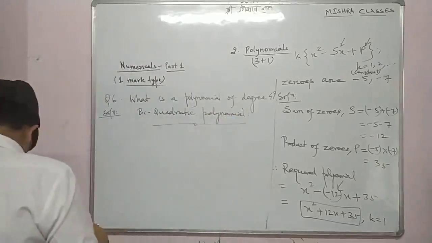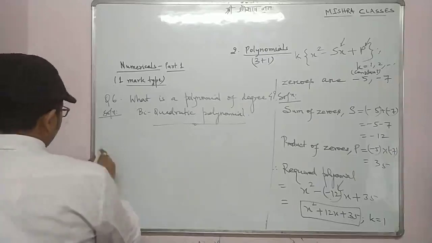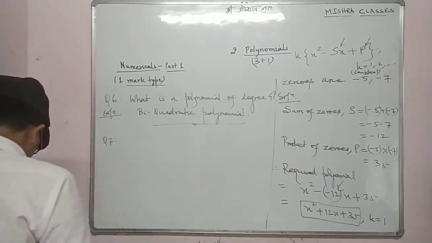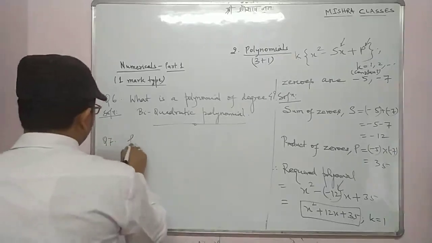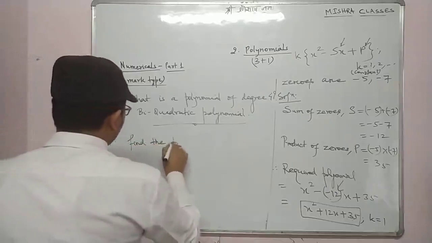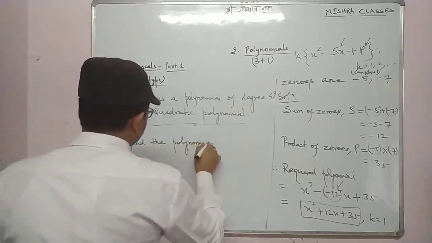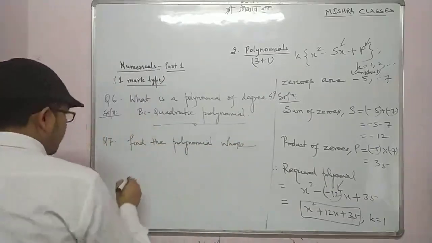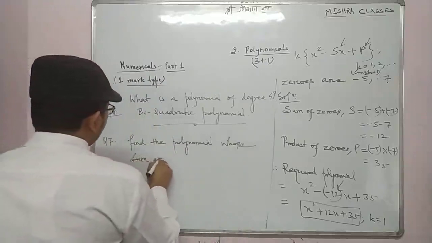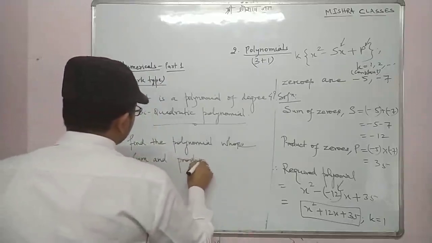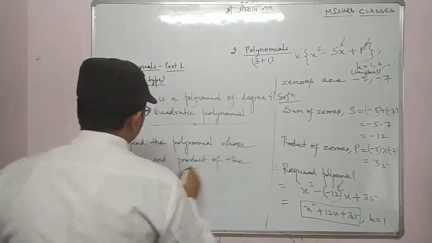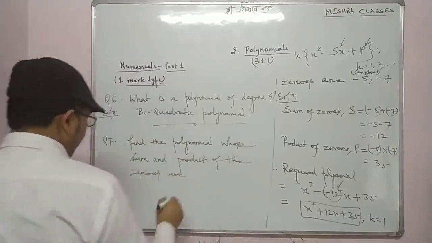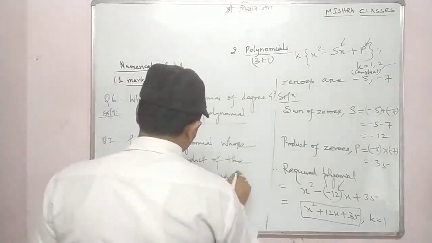Next we have question number 7. Find the polynomial whose sum and product of the zeros are minus half and half, respectively.